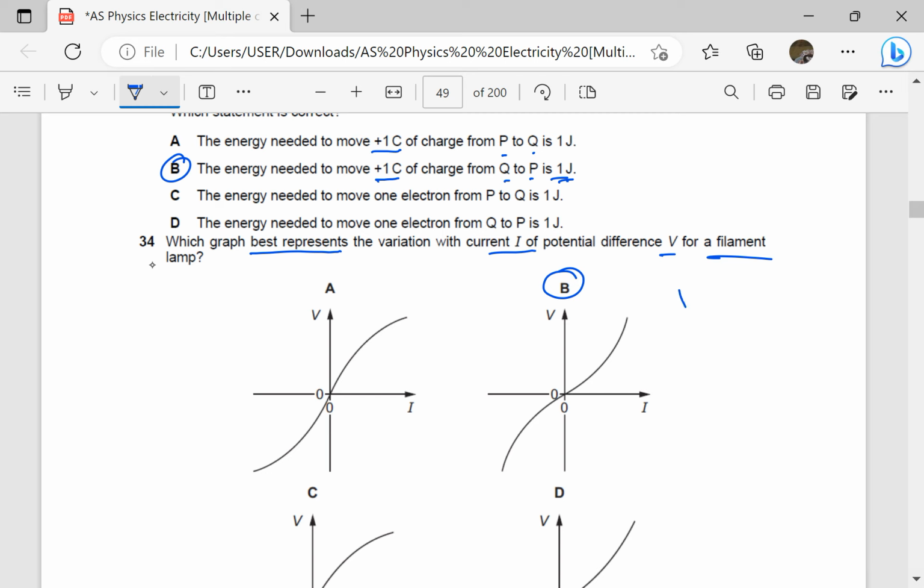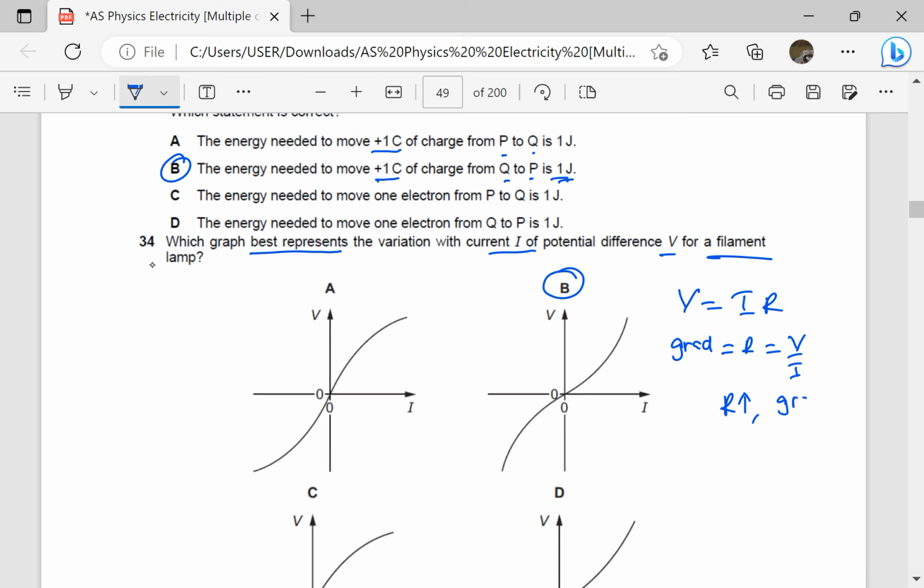You can think about it in this way: V is equal to I times R, which means the gradient, which is equal to R, is going to be V over I. So for a filament lamp, the resistance increases when temperature increases, which means the gradient must be increasing.